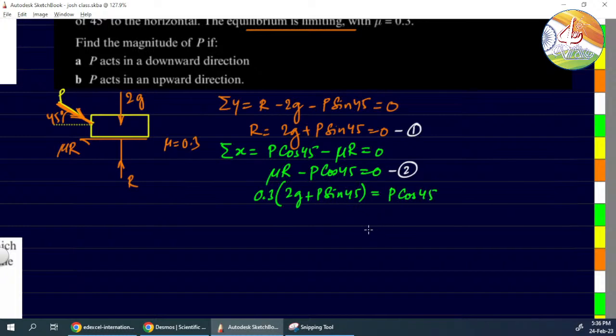P is the only unknown here. So 0.3 into 2g equals P times cos 45 minus 0.3 times sin 45. Find P.